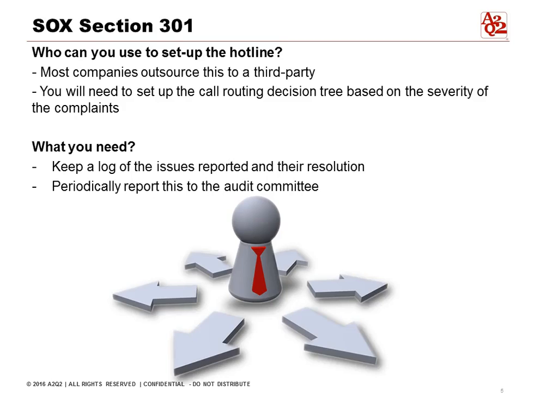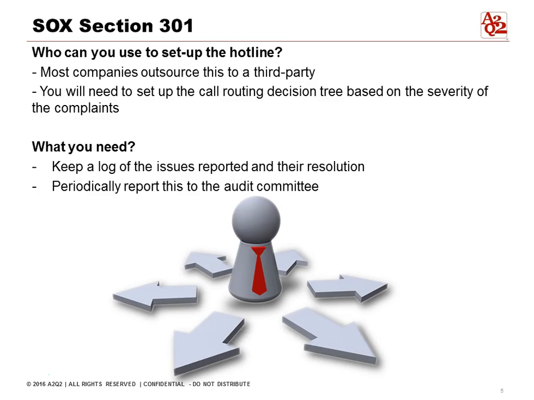Who can you use to set up the hotline? There are many outsourced whistleblower companies available who set up dedicated toll-free numbers and email addresses to gather and route incoming complaints. You will need to set up the call routing decision trees based on the severity of the complaints.